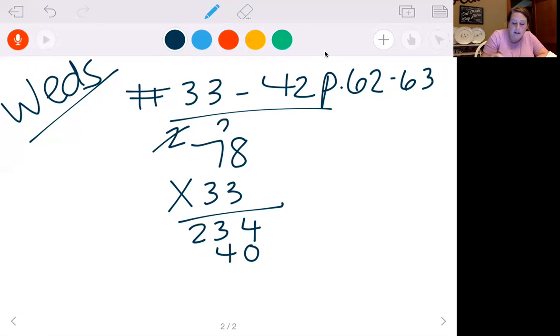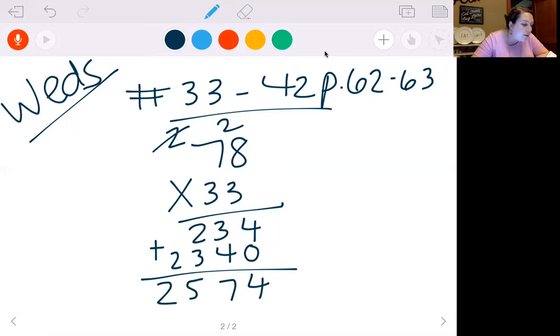Put your 4, carry your 2. 3 times 7 is 21. Plus 2 is 23. Add it up. 4, 5, 6, 7, 4, 5, 2. 2,574. So these are the easy ones that we've already done, kind of just like a little warm up.